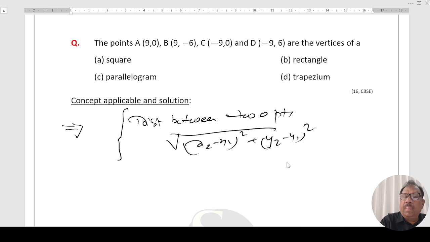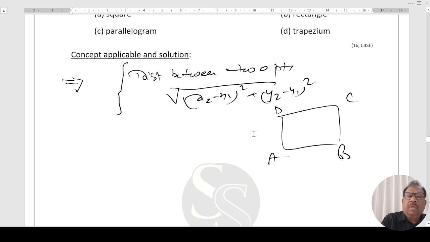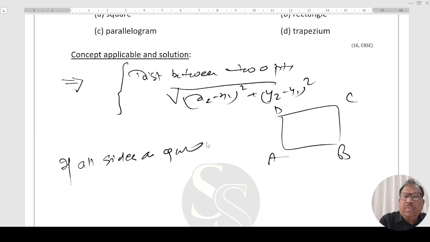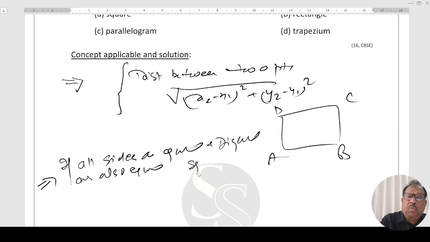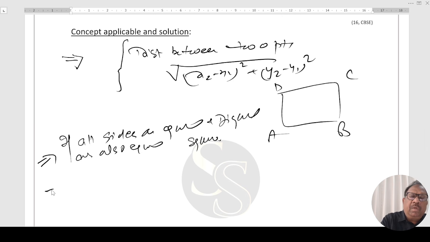and the concept applicable is: suppose four vertices A, B, C, D are given to you. If all sides are equal and diagonals are also equal, then it is a square, right?